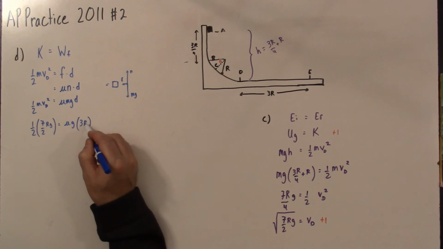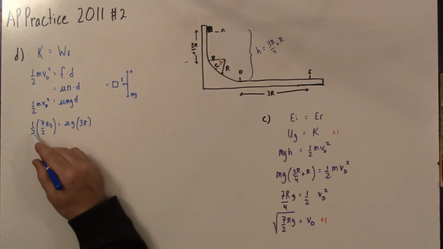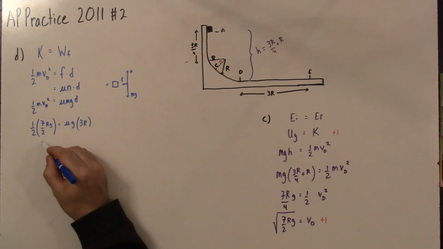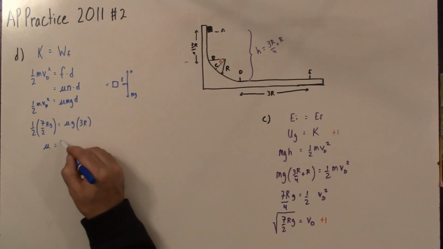The r's disappear, the g's disappear. On the left side I just have 7/2 divided by 2, and I'm also going to divide by 3 here. So mu is equal to 7/12.